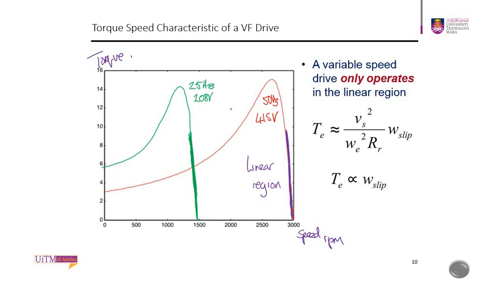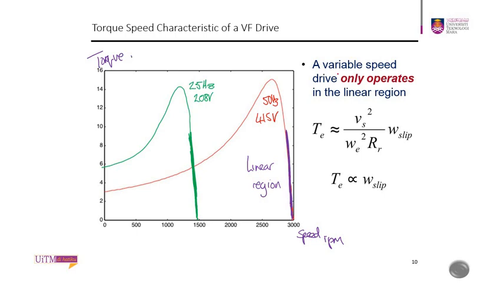You can see the ratio, and also a good linear region within the speed here. For example, a 25 hertz 208 voltage ratio is a good ratio for a 1500 RPM speed.